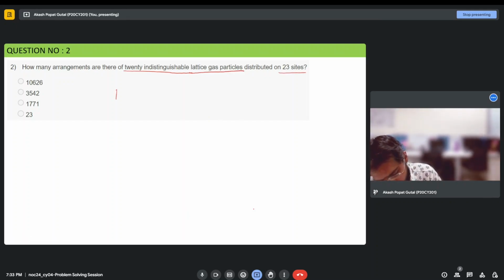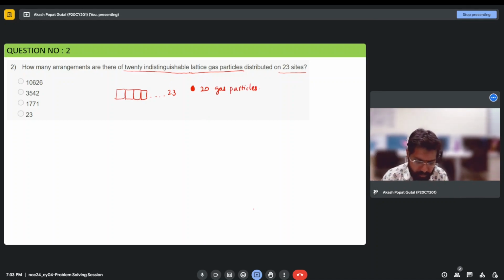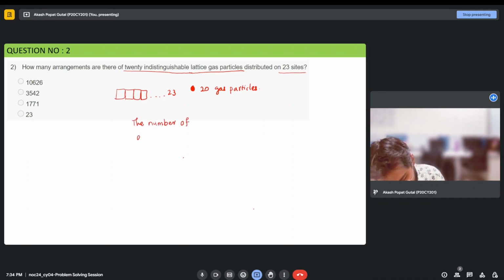Suppose we are having 23 sites and we are having 20 gas particles, which means each site can occupy only one gas particle because it's a lattice system.